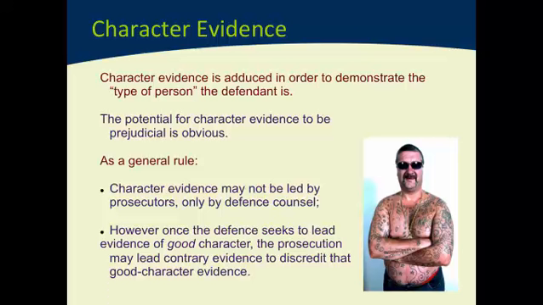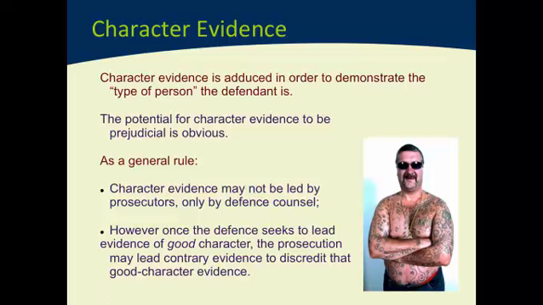Here's how it works. The prosecution can't lead character evidence. They just can't do it. However, if the defence gets up and leads character evidence about what a wonderful Christian soul the defendant is, if the defence gets up and leads evidence that the defendant has a good and wonderful and proper character, then the door is open for the prosecution to lead evidence in rebuttal of that fact.